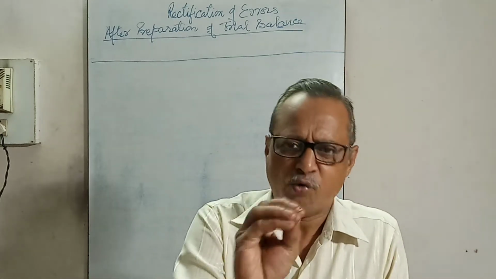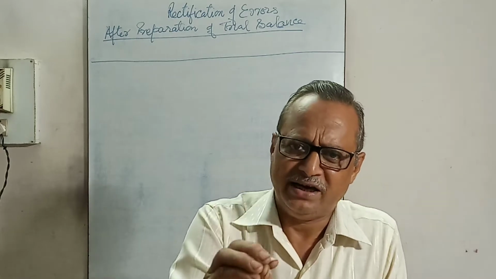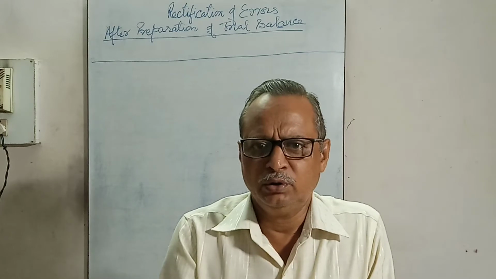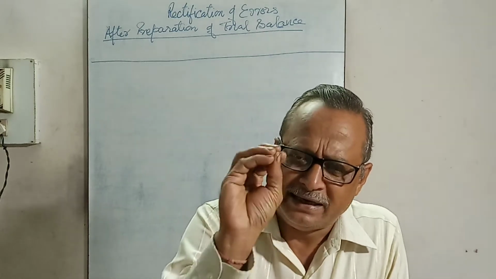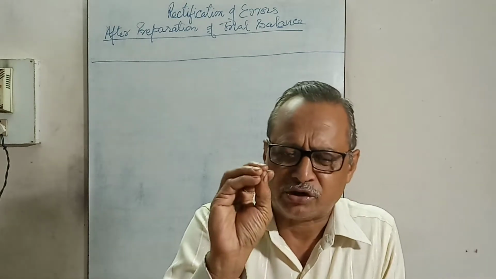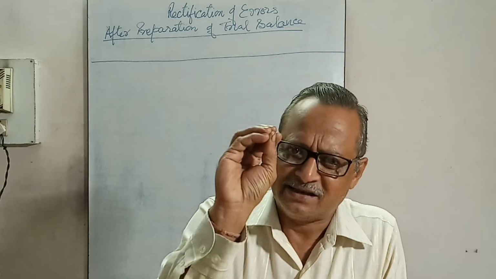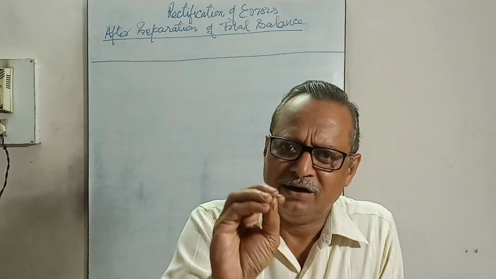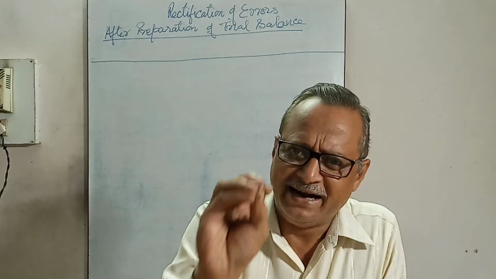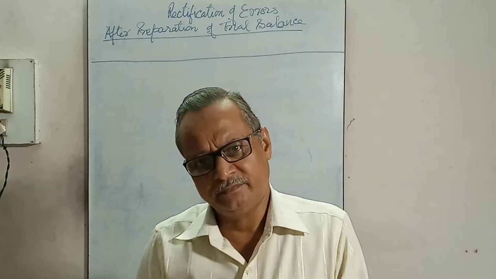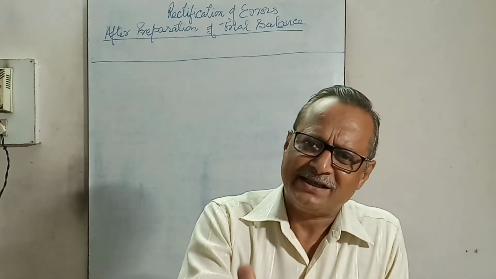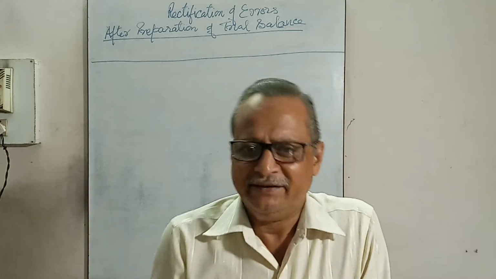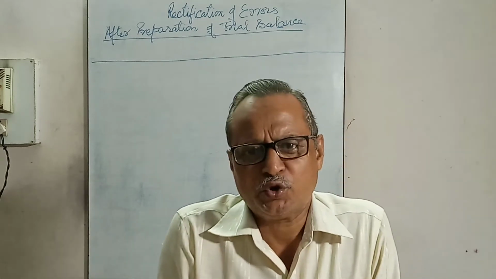The suspense account is an artificial imaginary account which is opened to make the trial balance tally on both sides if there is some difference or variation in the total of the debit and credit side. That difference may lie in the debit side or in the credit side. If it lies in the debit side, the suspense account shows a debit balance.